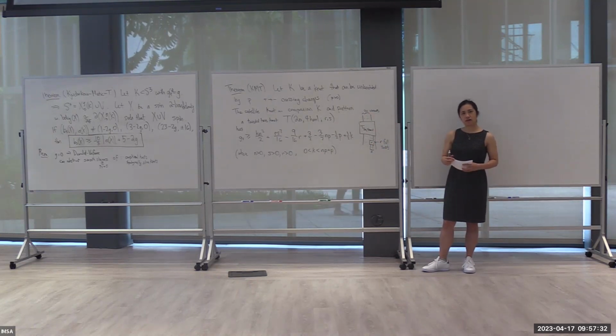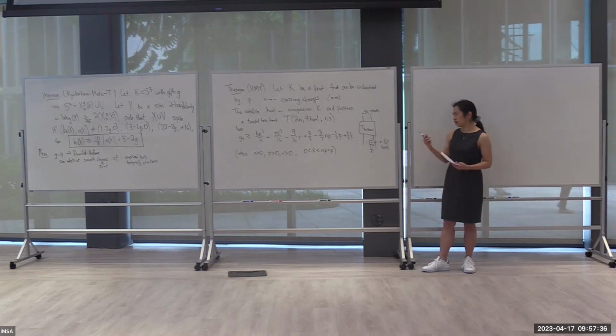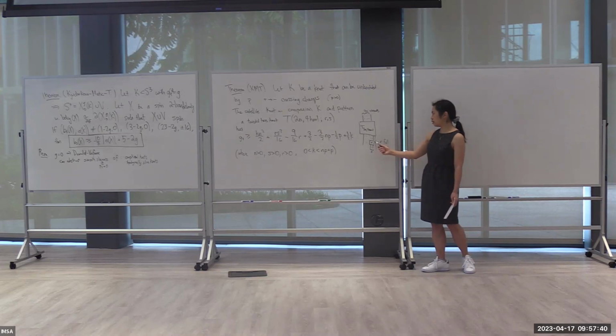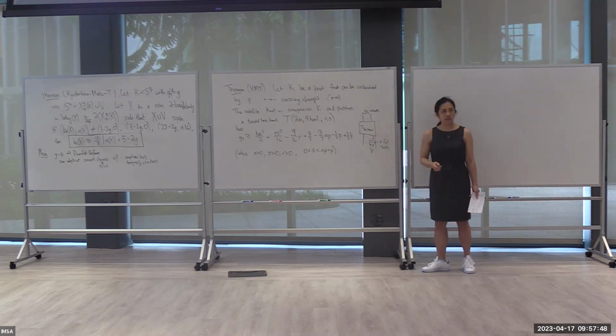So I think that's one thing that our method can handle pretty well: if you take these extra full twists, working with our method, we can compute them.